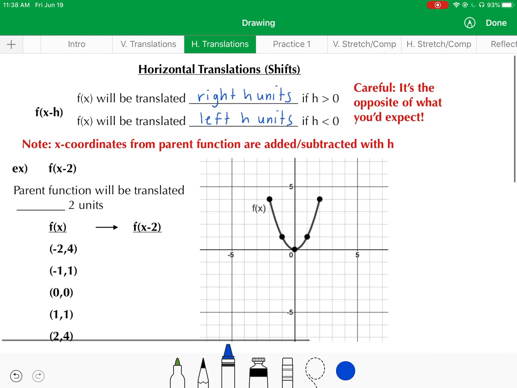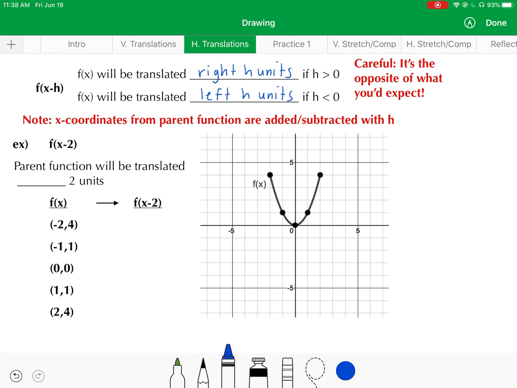All right, so notice in our next example, I'm using the same parent function as I did on the previous screen. Okay, I've got the same 5 critical points for f of x, and I just want to know what's going to happen to this graph if I make it into f of x subtracted by 2. Again, be careful here.